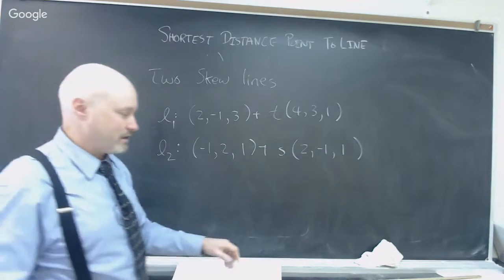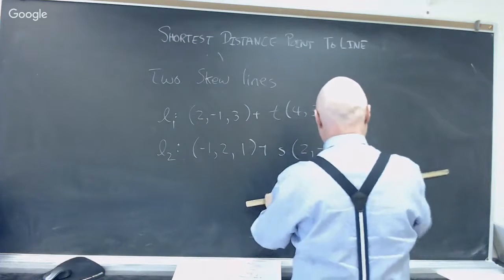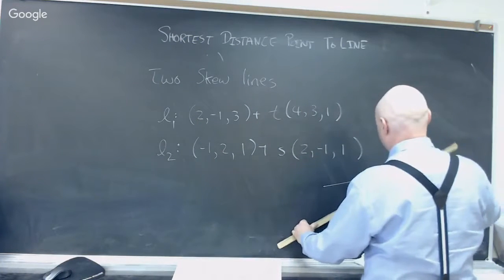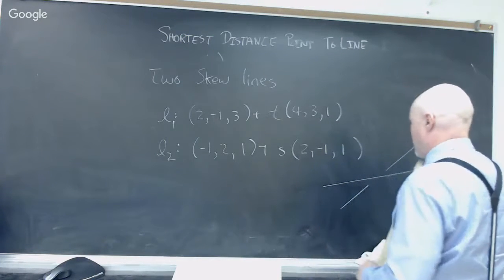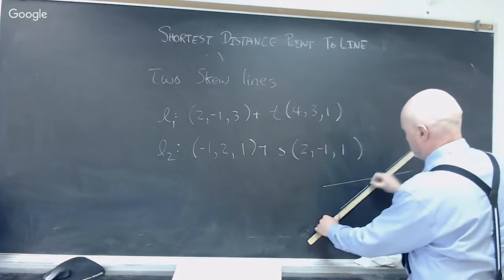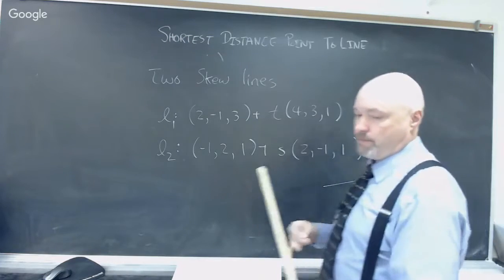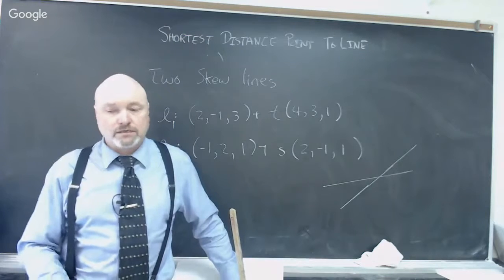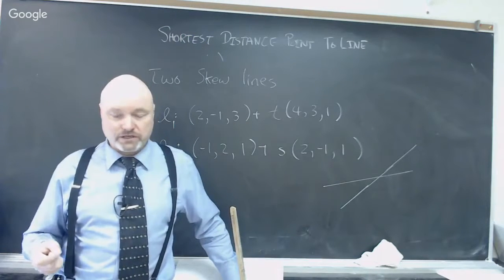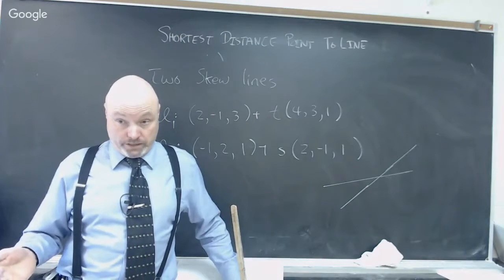I haven't accidentally gotten a couple of lines that overlap somewhere. Bad example because I'm drawing in 2 dimensions. They go by each other, they don't touch, but they are closest to each other at some point.